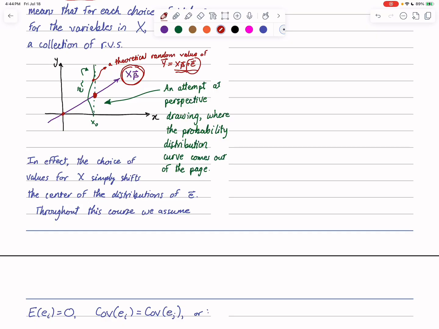So X beta makes up the center, or at least it shifts the center of the distribution of this random variable, but e is whatever it is, right? So this is me trying to draw the probability distribution of this random variable e. And I'm depicting it as having its expected value centered right on this point.